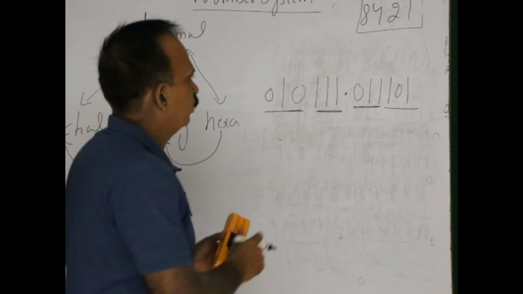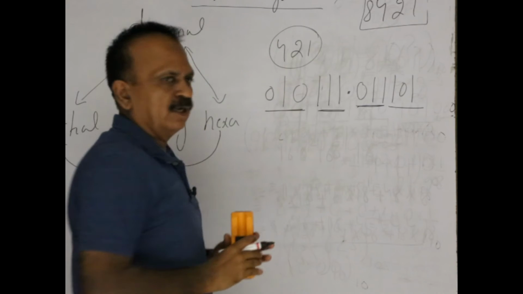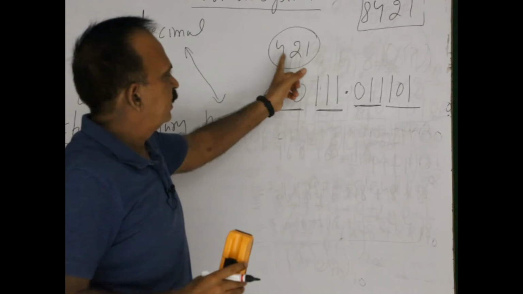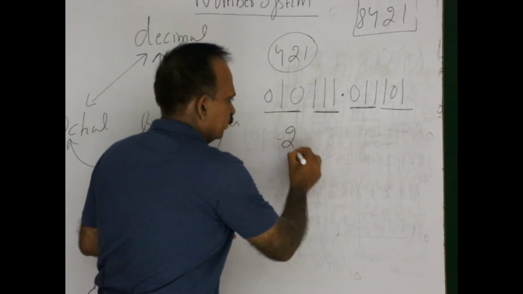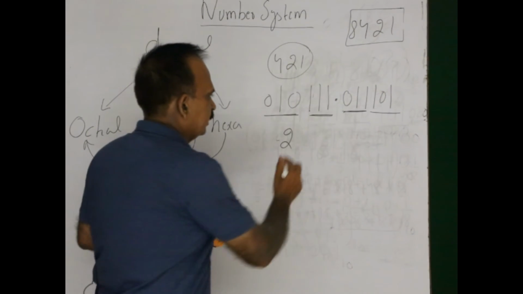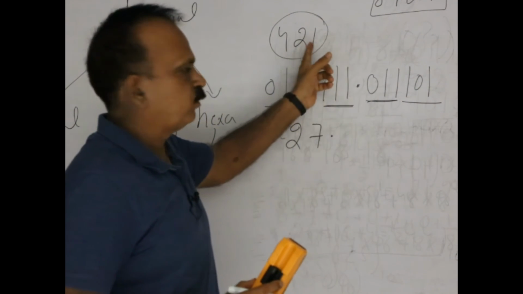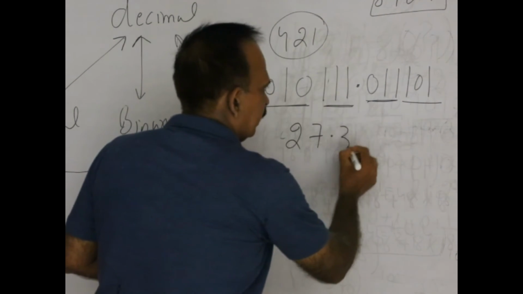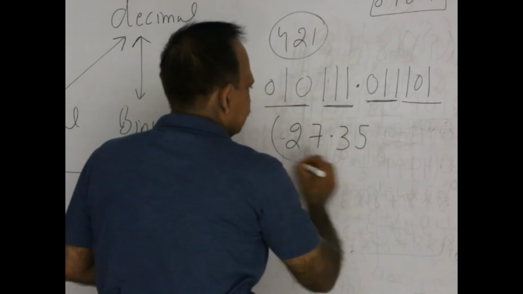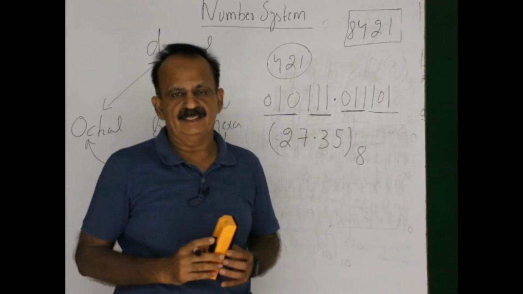Now using the same code, 421, I can write the octal equivalent of these combinations. 0, 1, 0: the equivalent will be 2. 1, 1, 1: 4 plus 2 is 6, plus 1 is 7. 0, 1, 1: it will be 2 plus 1, so this is 3. And 1, 0, 1: this is 4 plus 1, it is 5. This number is the octal equivalent of the given binary number.